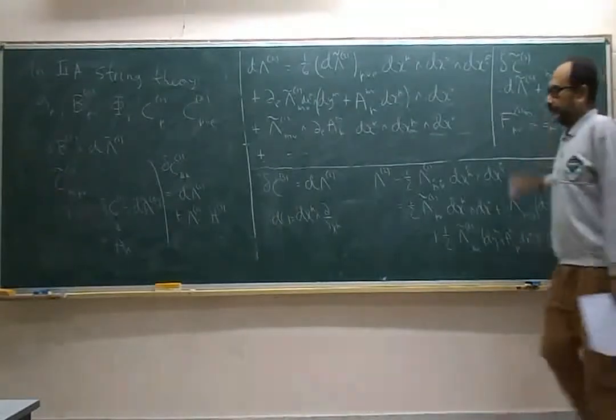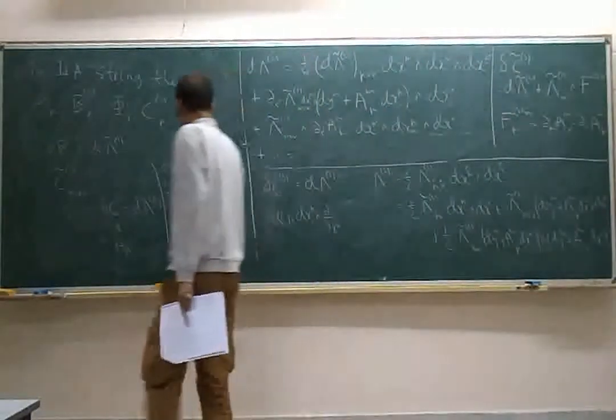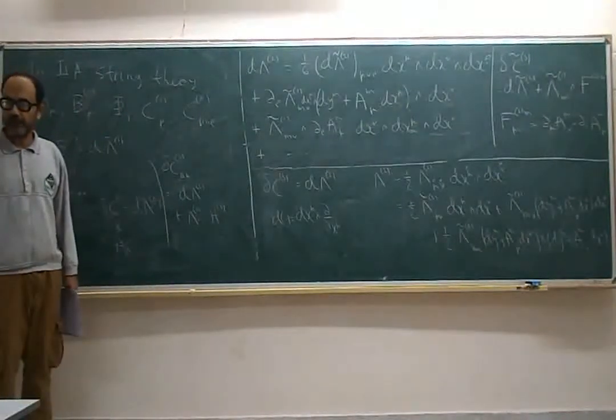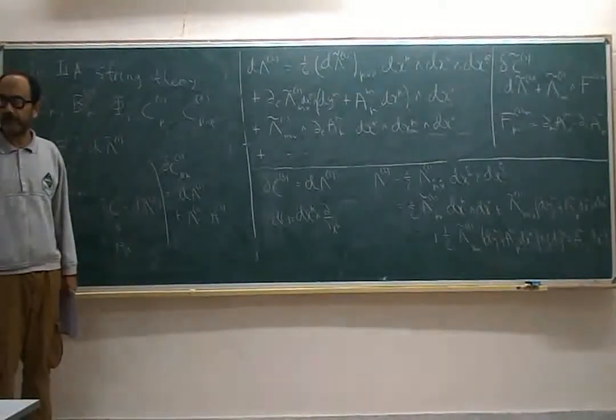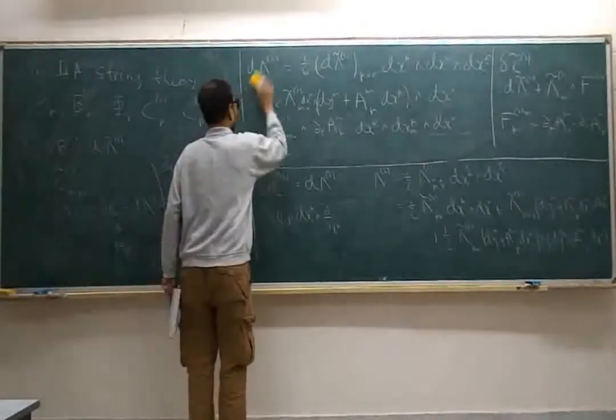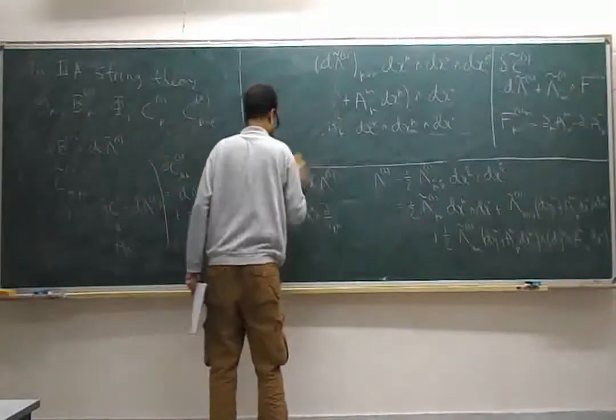But recall that we introduced also a C3 prime. We said that we could either use C3 or C3 prime. C3 prime and C3 are related by some appropriate shift. So C3 prime, let me remind you again the definition.